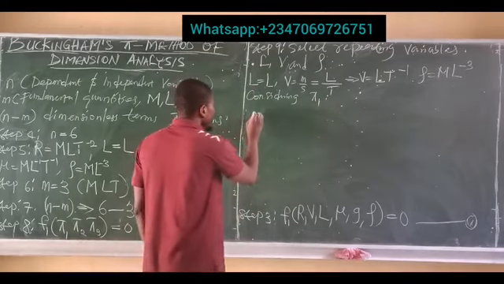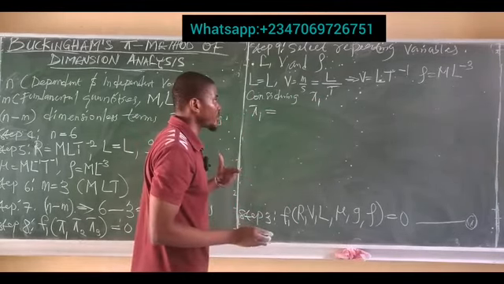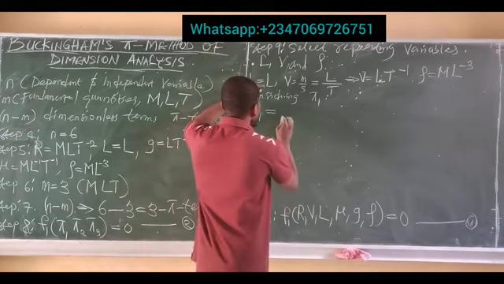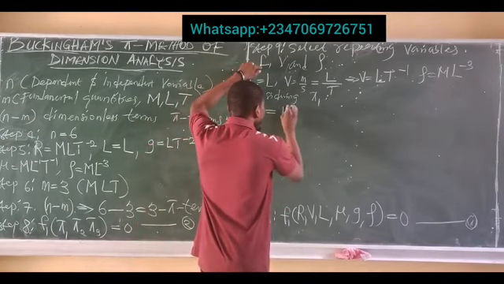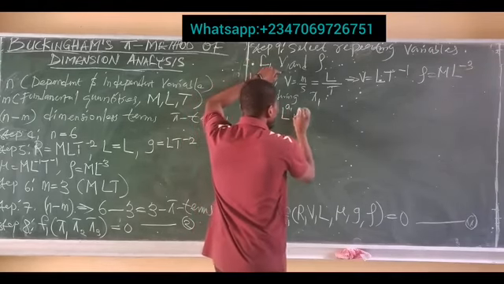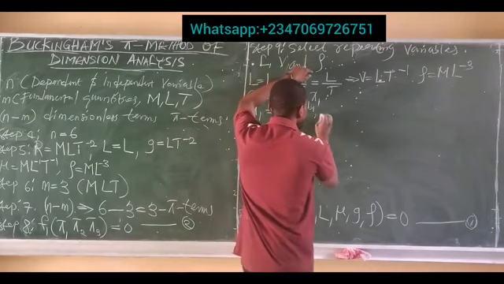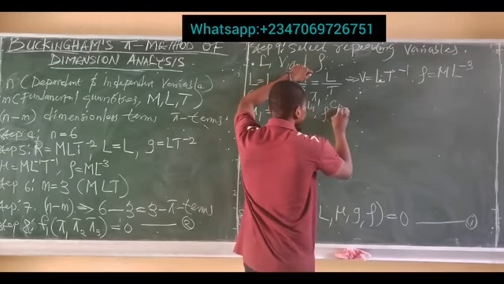This is what you do simply. Pi 1 is equal to the repeating variables. And repeating variables are what? We have the length to the power of a1, always take a1, times the velocity to the power of b1, times the density to the power of c1.